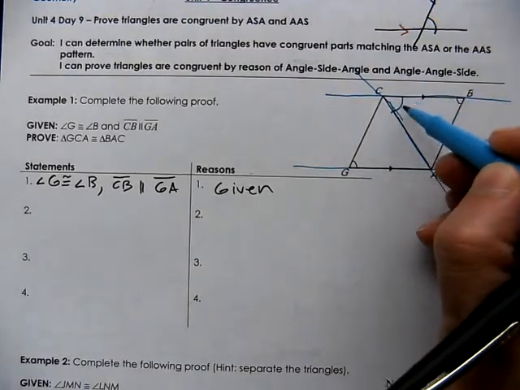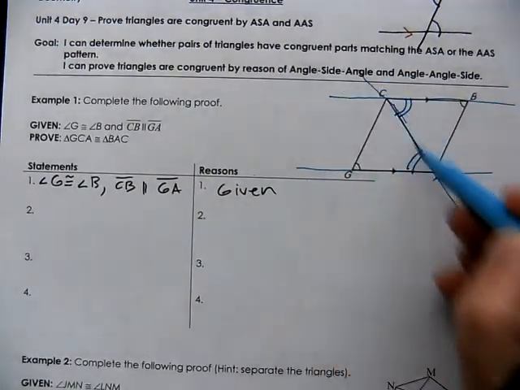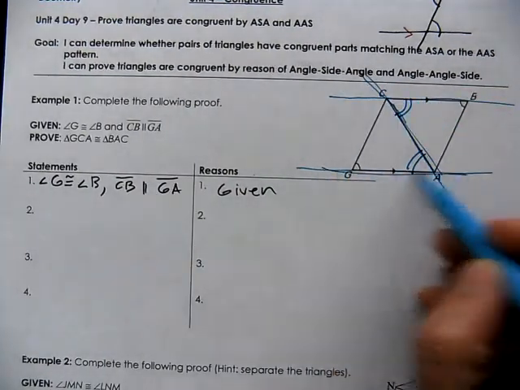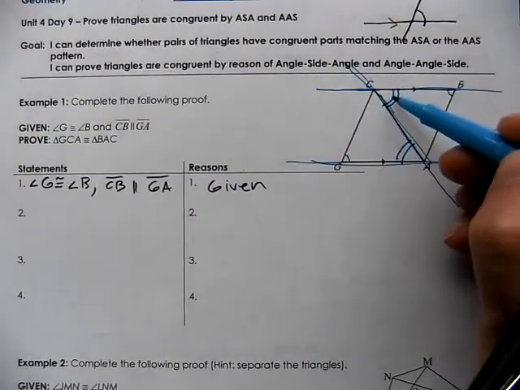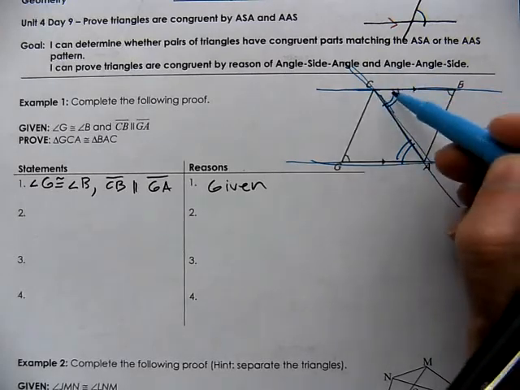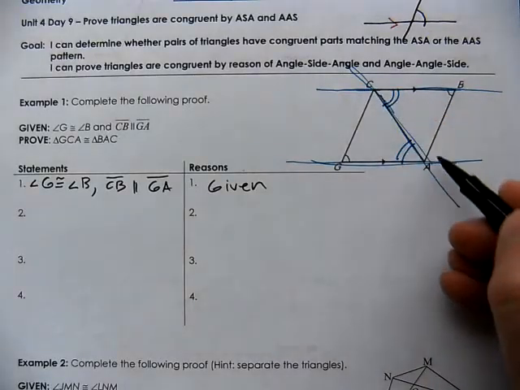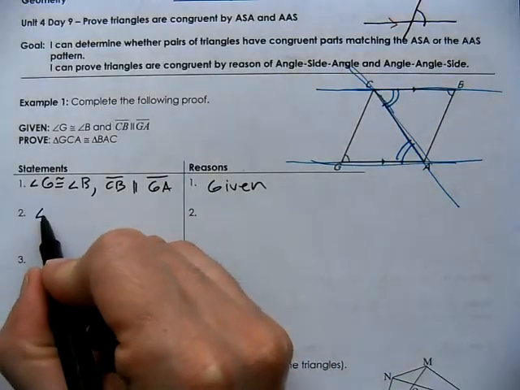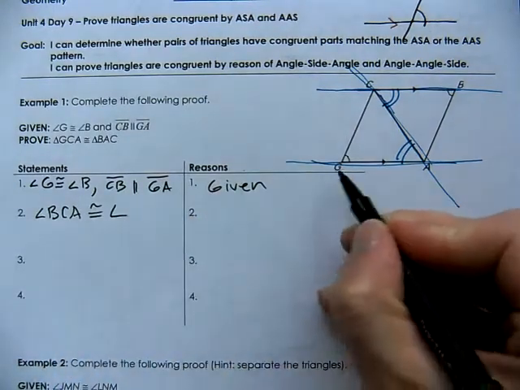So that's going to be this angle and this angle, right? You see how they're touching the transversal and they're touching the parallel sides. Okay? We can't just call this angle C because there are lots of angles that share this vertex at C. So we have to use a 3-letter combination. So we'll call this angle BCA. So angle BCA is congruent with angle GAC.